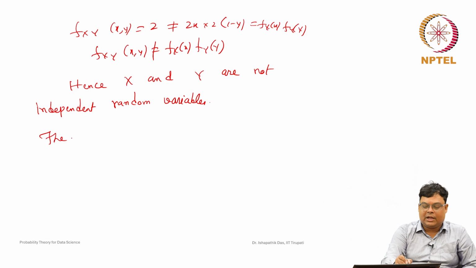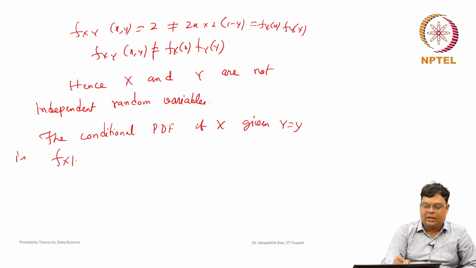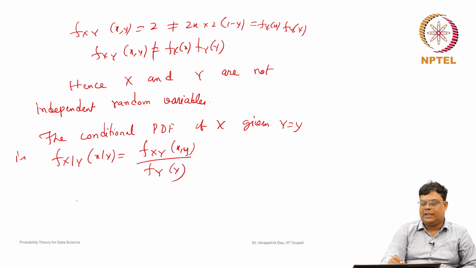So, the conditional probability density function of x given y equal to y is, by definition, f(x,y) divided by f_Y(y), assuming that f_Y(y) is non-zero. This is the definition.